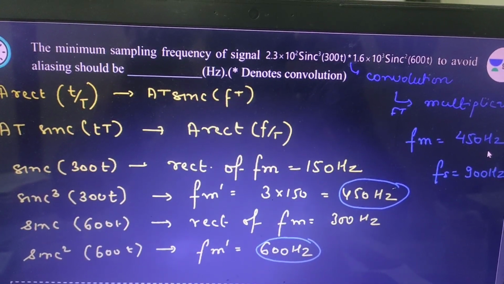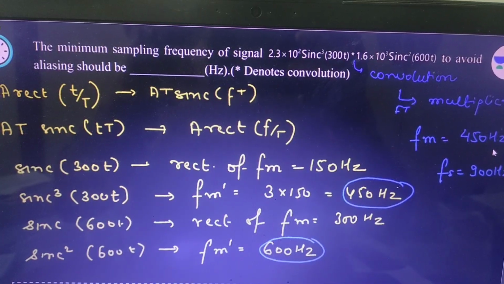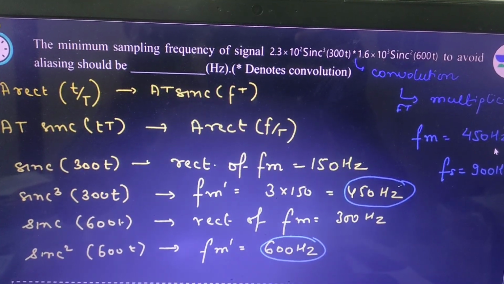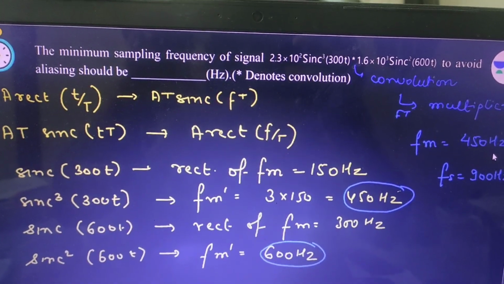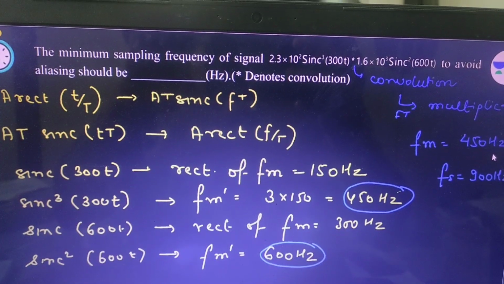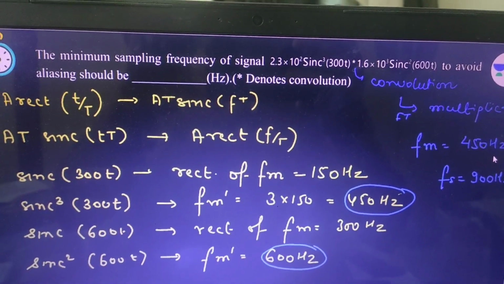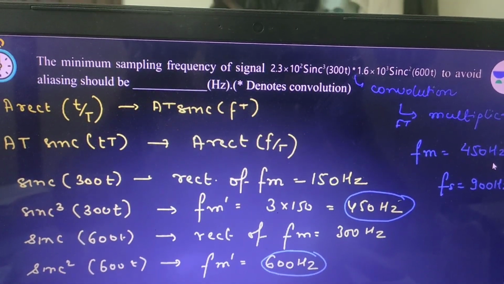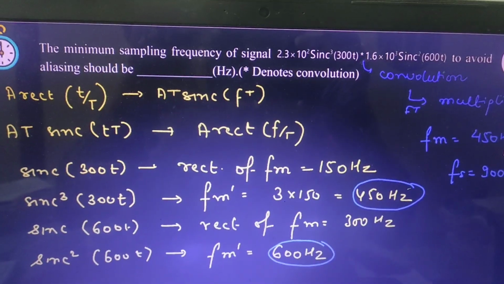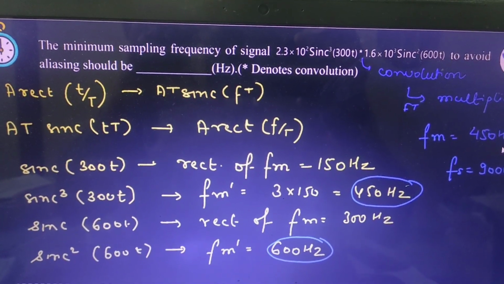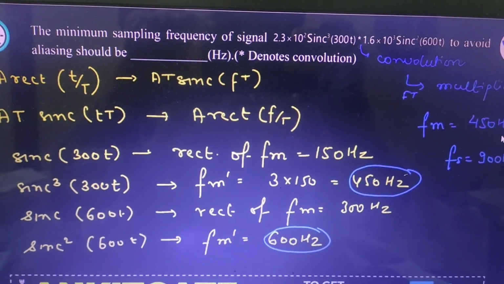For sinc 300t, we consider the rectangular function, with a maximum frequency of 150 Hz. But here it is sinc cube 300t, so 3 times 150 Hz you will get 450 Hz.